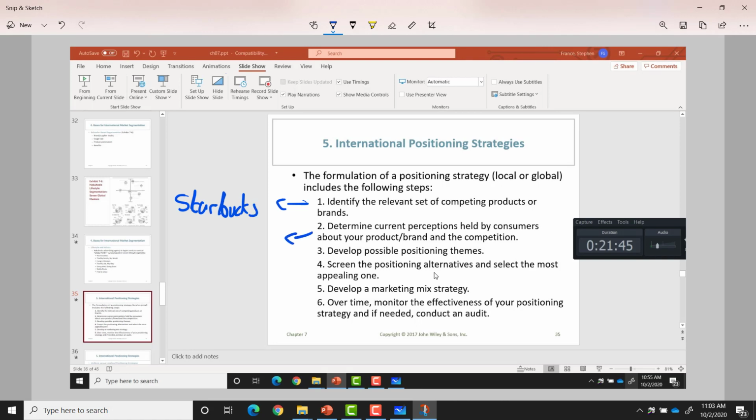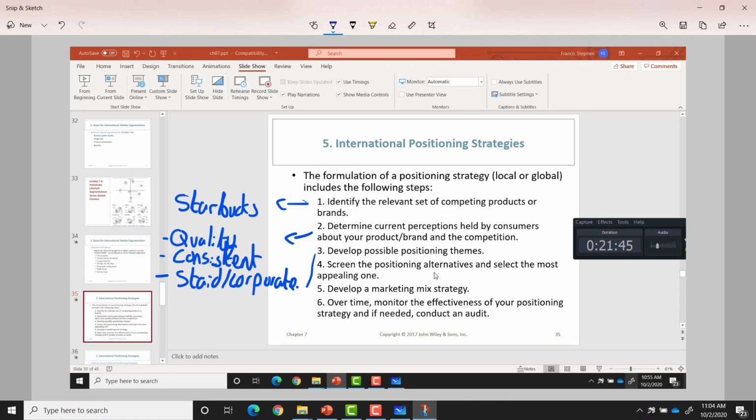And we might think, we're a quality product. We have a consistent product. You're going to get pretty much the same thing in every store. Maybe we're seen as a little bit staid or corporate. And we would do this maybe for our competitors in the market as well.